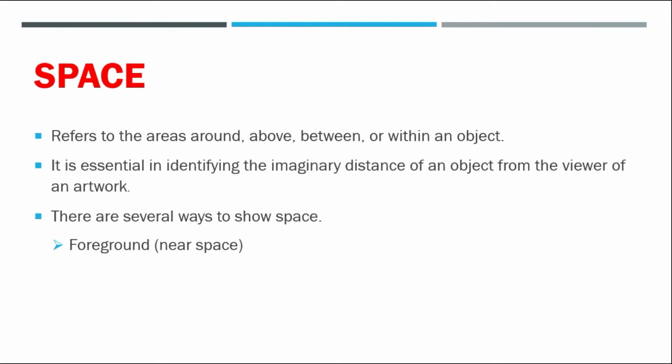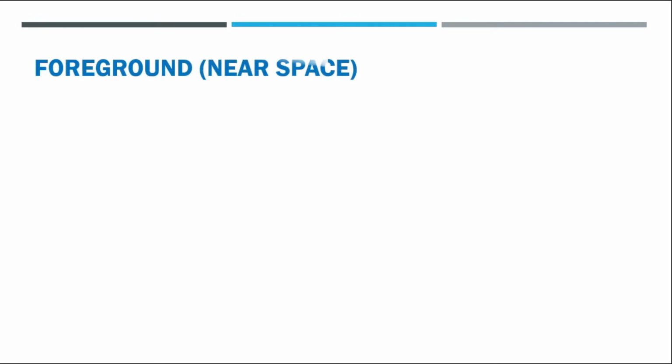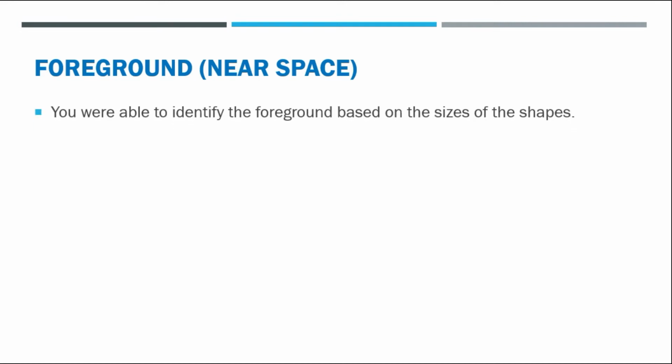Number 1, foreground or near space. Number 2, middle ground or middle space. Number 3, background or far space. Let's find out. The first one is foreground or near space.